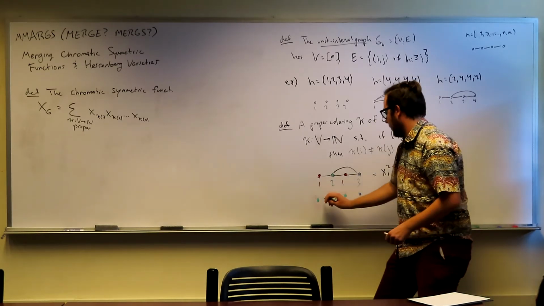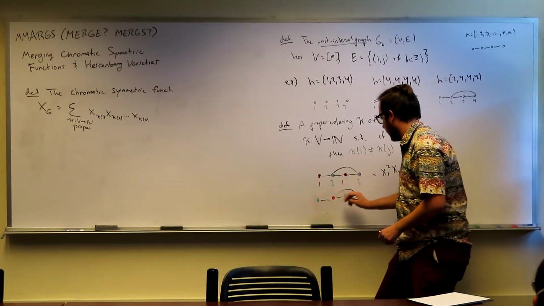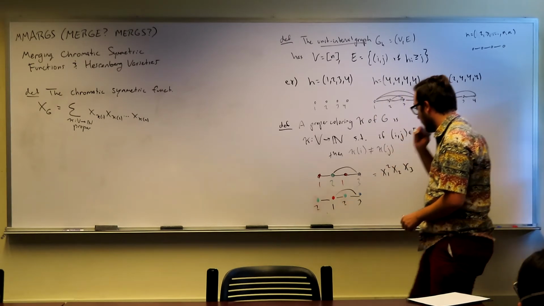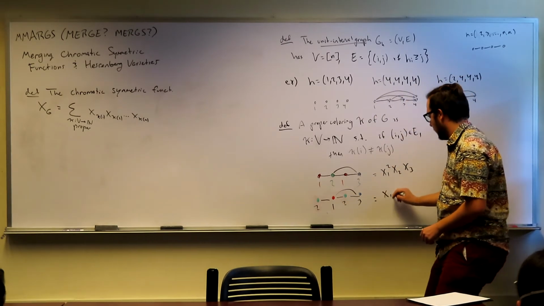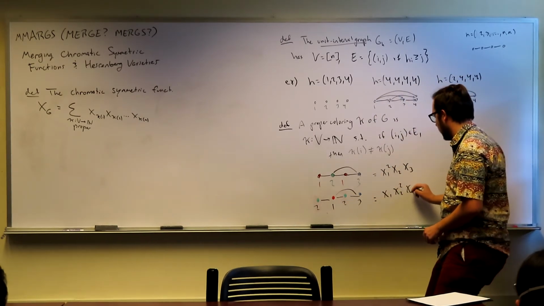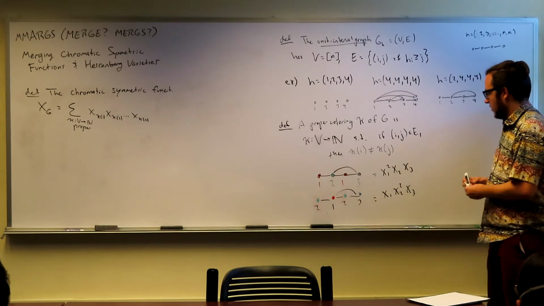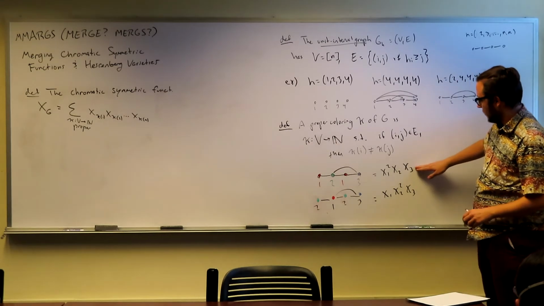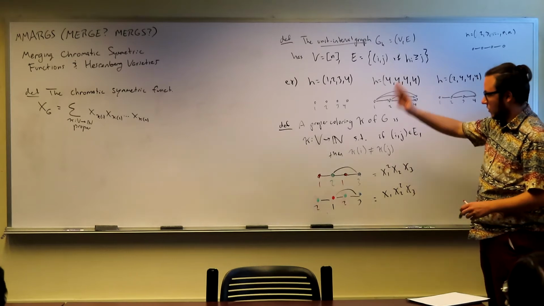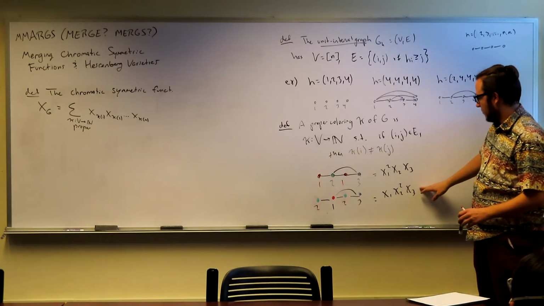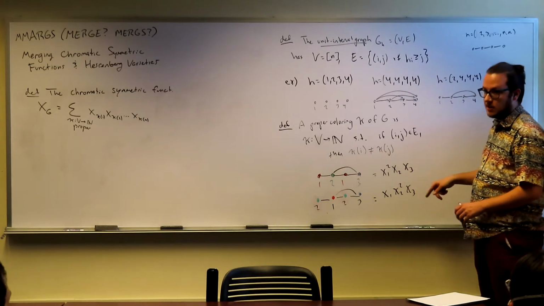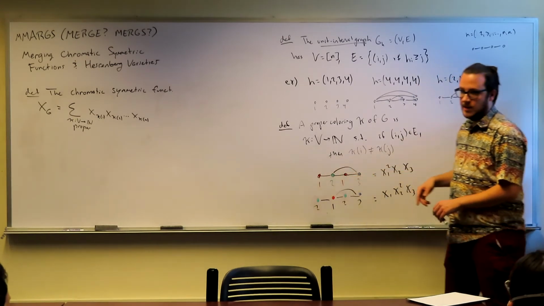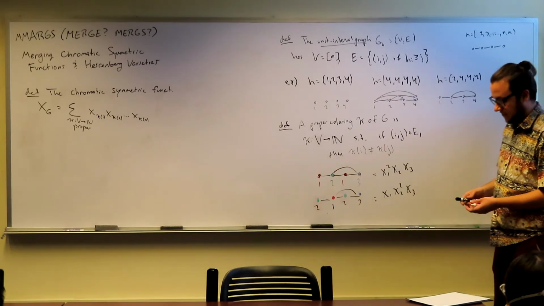So here's a coloring where I have 2 copies of the color 2, 1 copy of 1, and 1 copy of 3. So I get the monomial x1 x2 squared x3. And this works for any permutation of your colors. And so if I have this monomial somewhere in my sum, I also have every monomial where I swap the indices. And I could even do colors like 4, 7, and 20, right? Because I'm just going to the natural numbers.